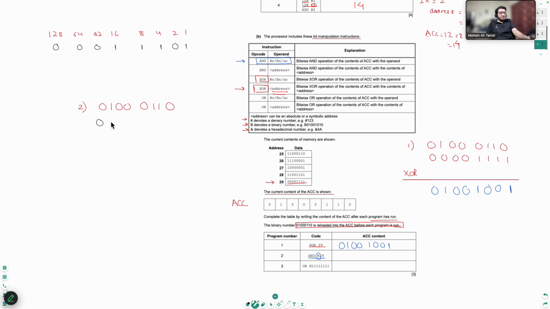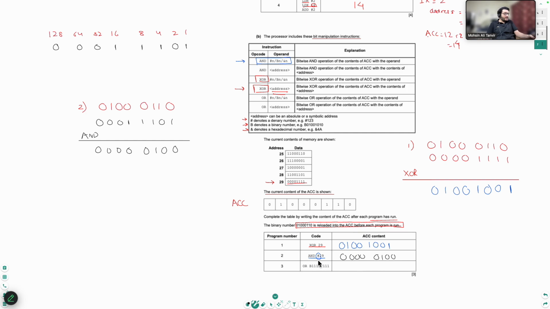And I'm ANDing, and I believe AND is probably the easiest one. The output is 1 if and only if both of them are 1. So the answer is going to be 0 0 0 0 0 1 0 0.